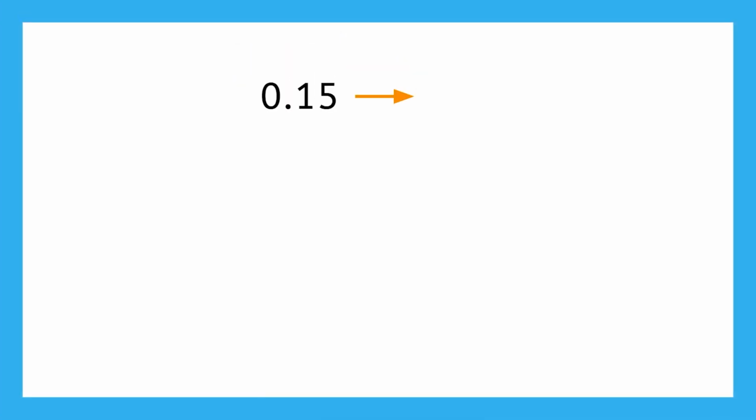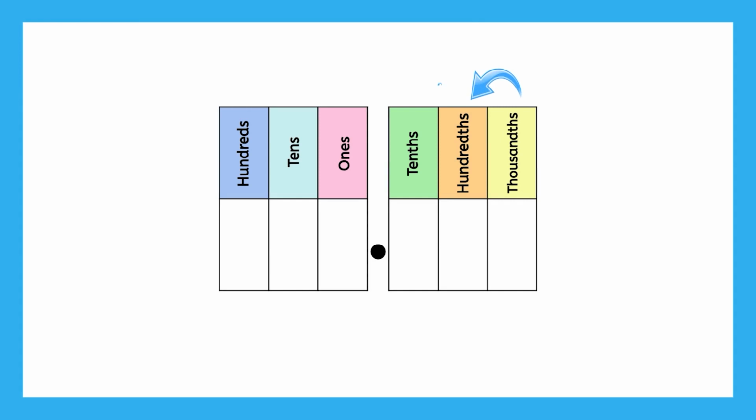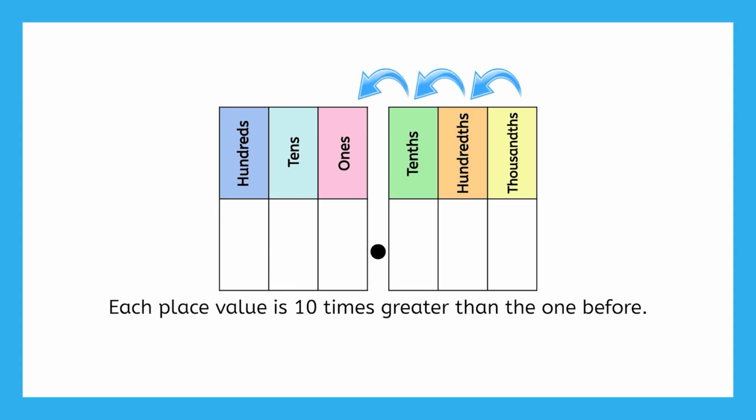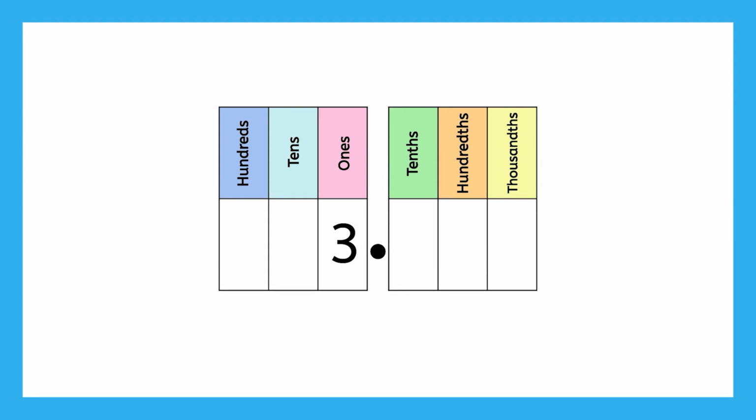So how can we change 15 hundredths to a whole number? Well, as we move up to greater place values, each place value is 10 times greater than the one before. For example, if we multiply this 3 in the ones place by 10, we get 30.